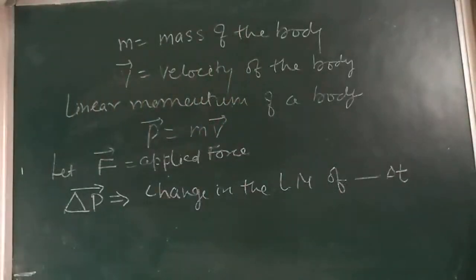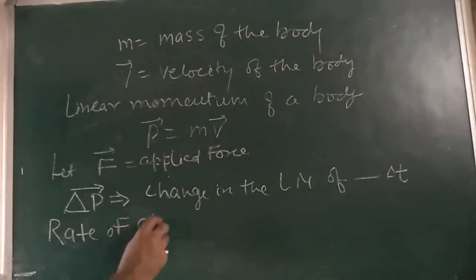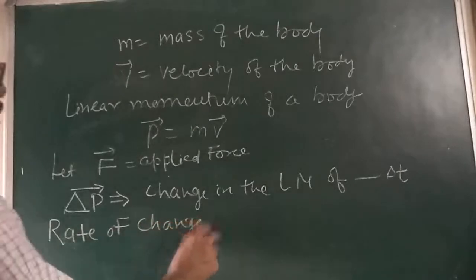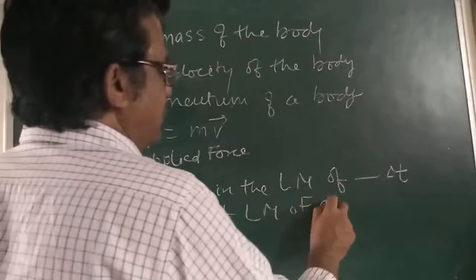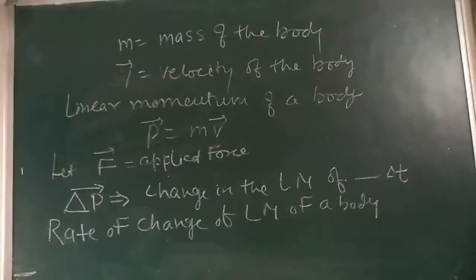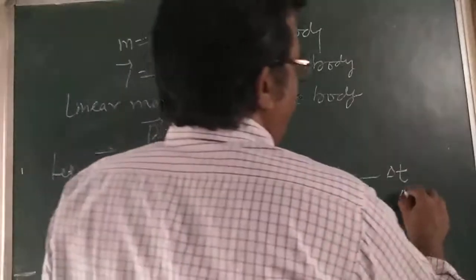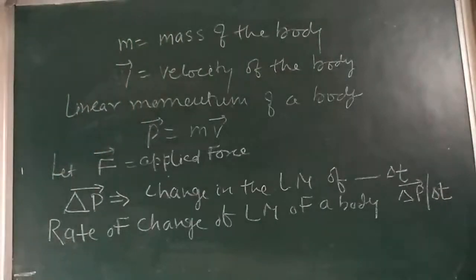So what will be the rate of change of linear momentum of a body? That is equal to delta P divided by delta t. This is the rate of change of linear momentum of a body.